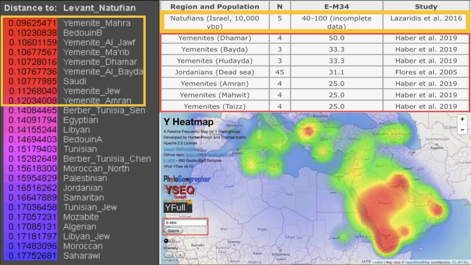This is dealing with Yemenite people with Natufian ancestry. They also have 25 to 50% of haplogroup E.